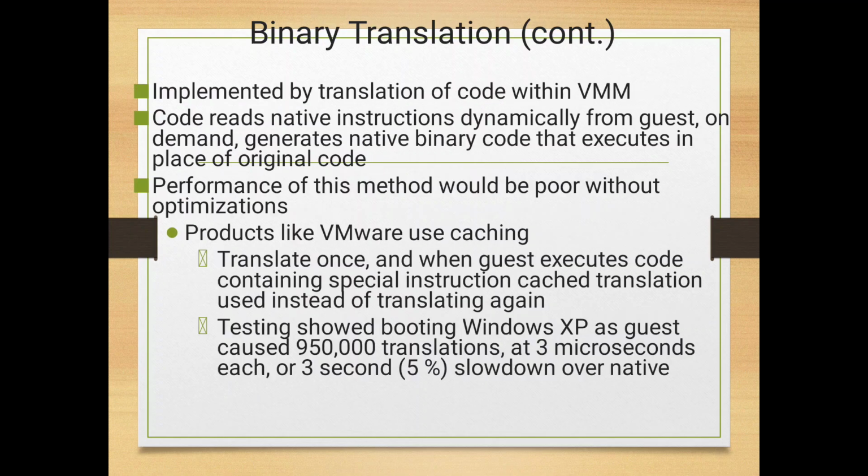The implementation by translation of code within the VMM isn't very efficient, and the performance of this method would be poor without optimization. So optimization is essential, and it can be performed by caching the translations.